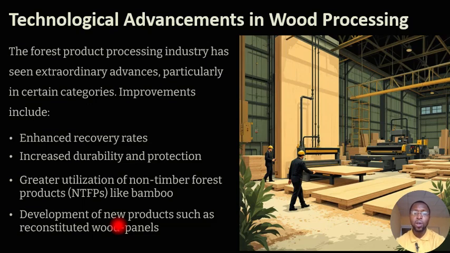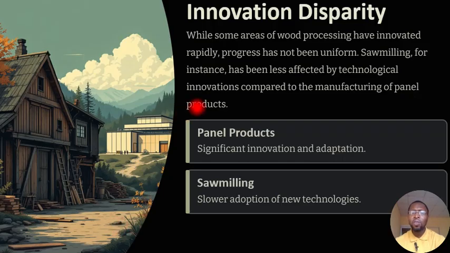Okay, all right. Innovation disparity. Despite the advancement in technology, these advancements are not uniform. There are some aspects where the rate of advancement is very high, while in some other aspects the rate of advancement is very, very low. For example, in the production of panels, the advancement is so high. Significant innovation has taken place in this category.